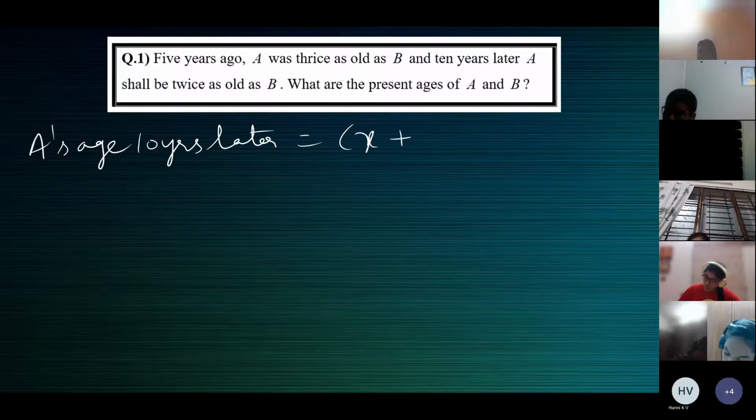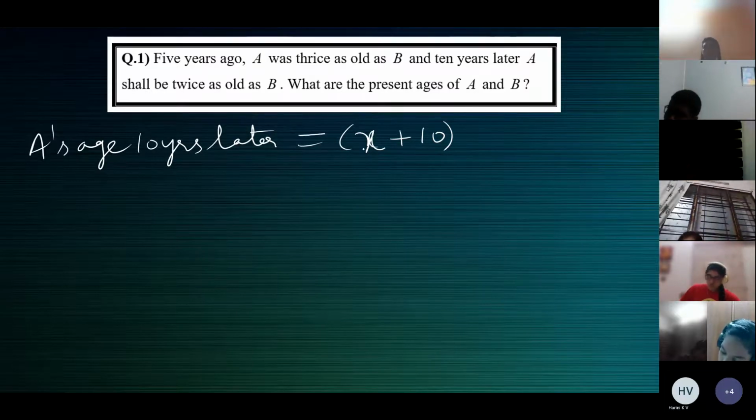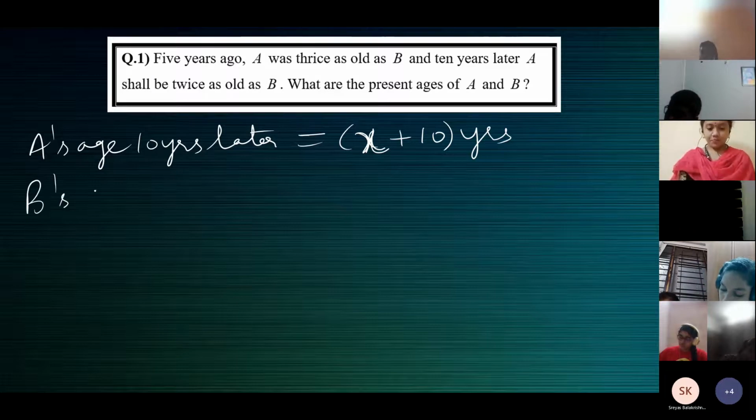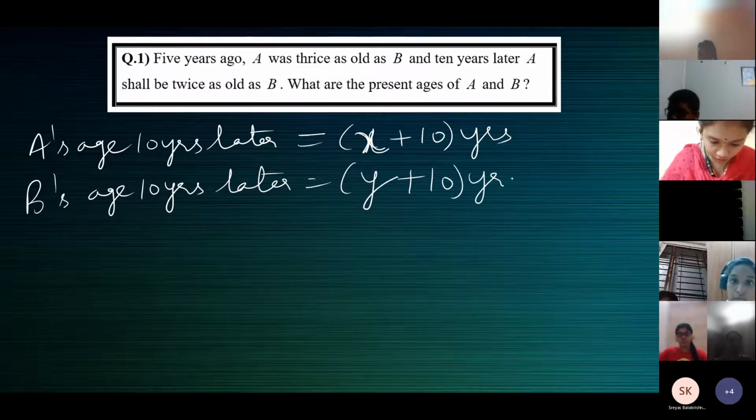What is x age? x plus 10. 10 years later, A's age will be equal to A's age plus 10 years. And B's age 10 years later will be B's age y plus 10 years.